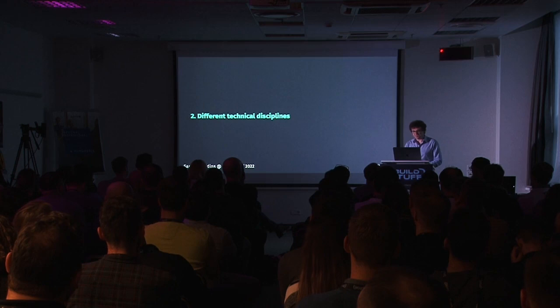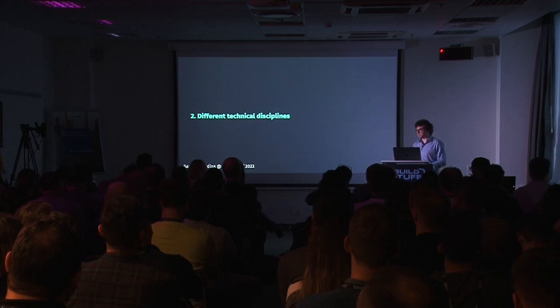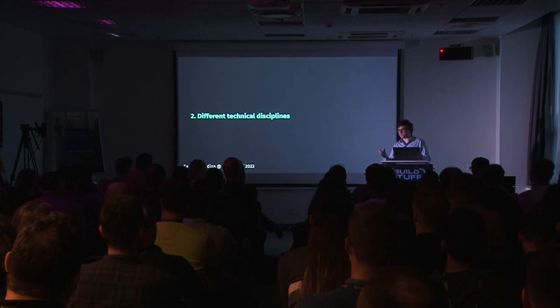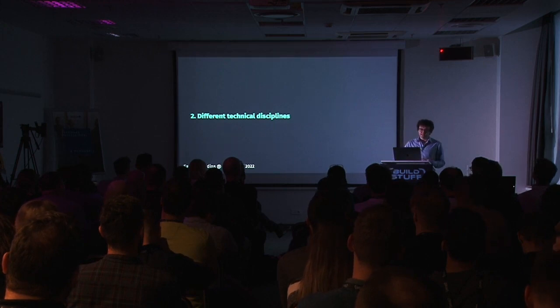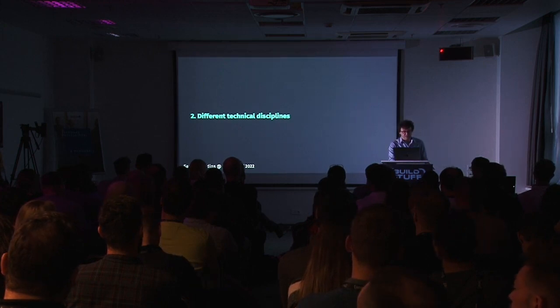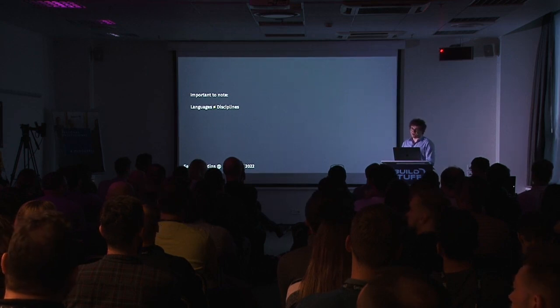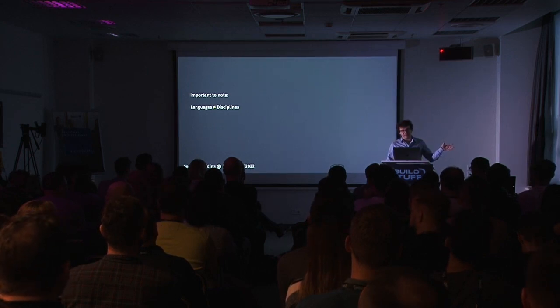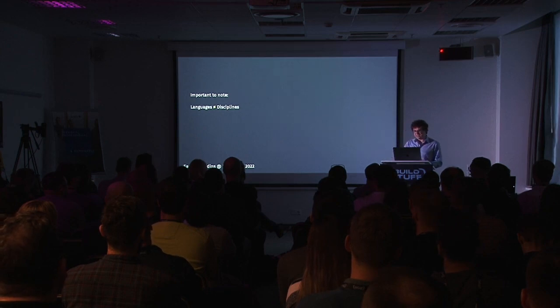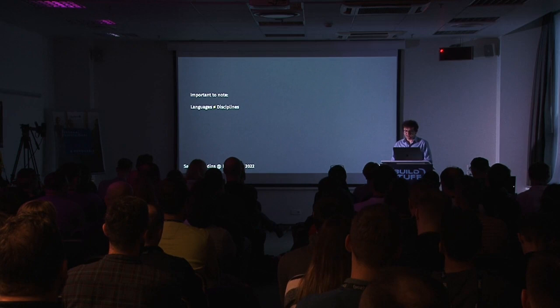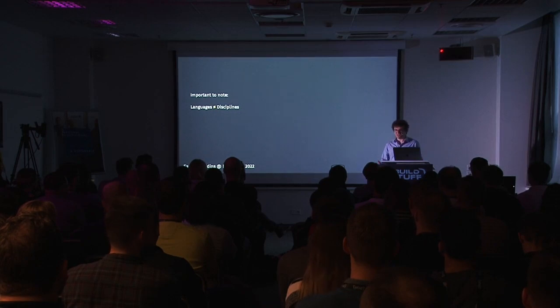Okay, so to talk about switching disciplines, we first need to examine what technical disciplines even are. So just getting it out of the way here, different programming languages are not different disciplines. If you go from writing a server that's written in Java to a server that's written in Go, you're not switching disciplines, you're just changing up the language that you use.